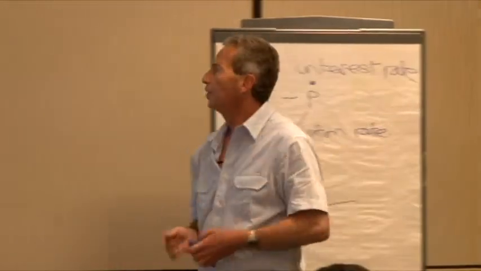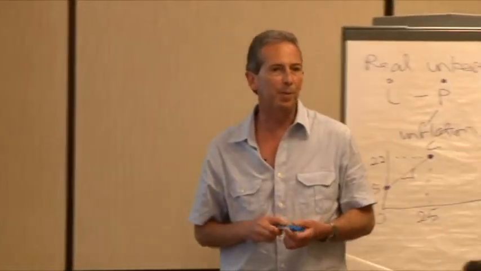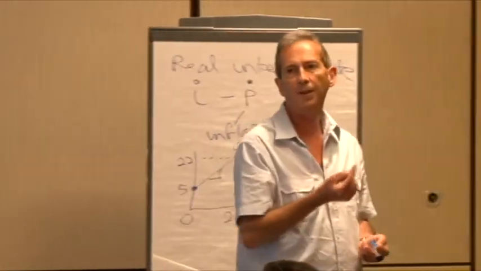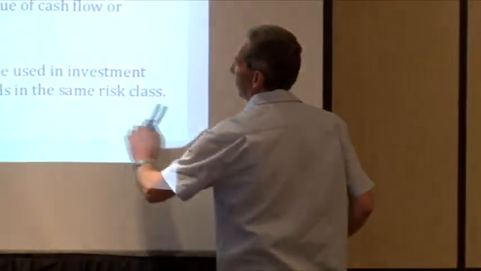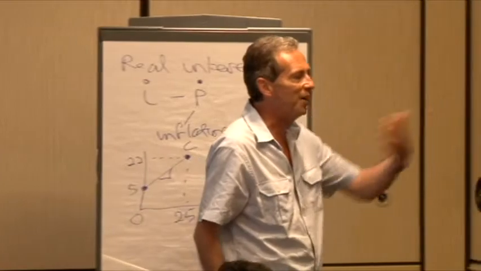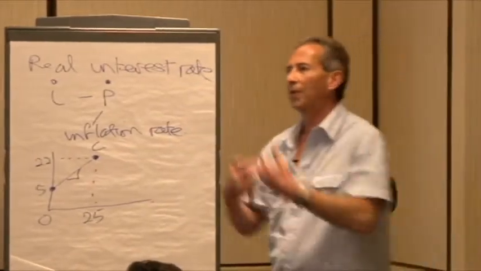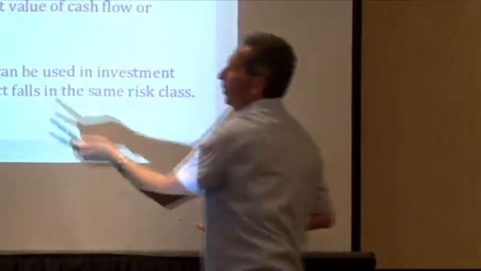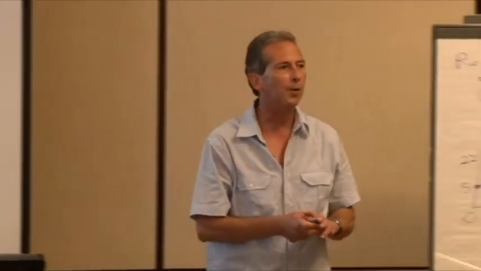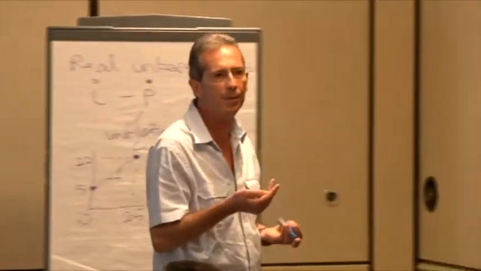I suppose, coming back to one of the earlier questions, it's also suggested that you can use this expected return in investment appraisal, in capital budgeting. As long as you have something in the same risk class, so even though it's a new investment, it's similar to something that's gone before which was roughly this risky, you can use your expected returns based upon the capital asset pricing model.